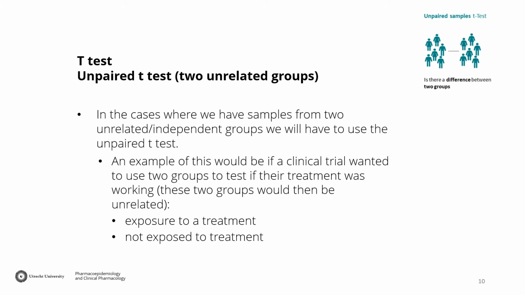Another example could be that you want to see if there's a difference in health between people with and without a university degree. Or another example could be that you want to see if two different machines produce the same weight of tablets, and then you would also compare those two.